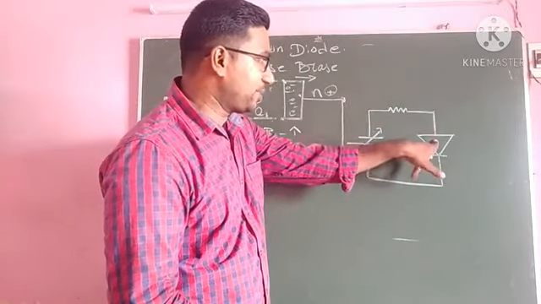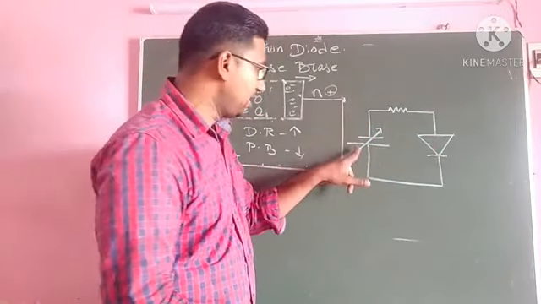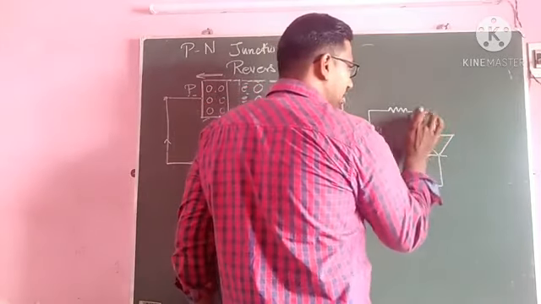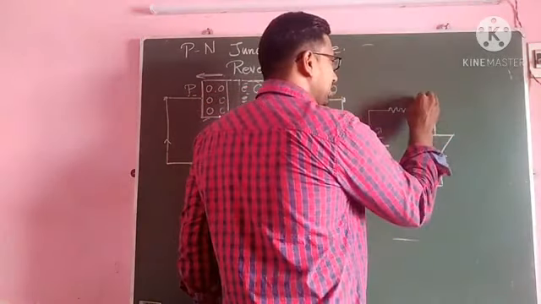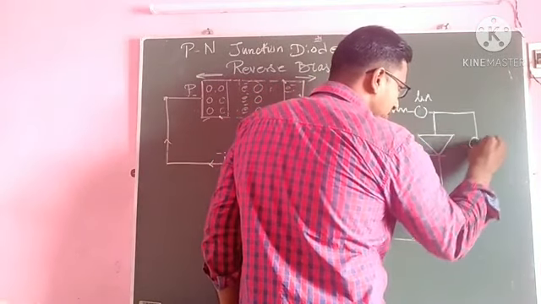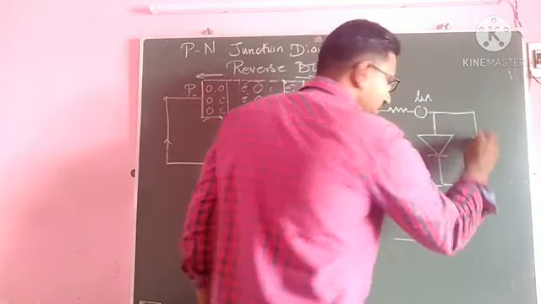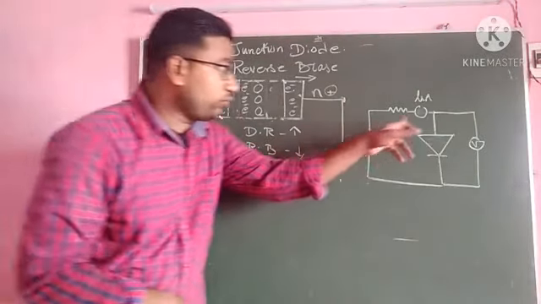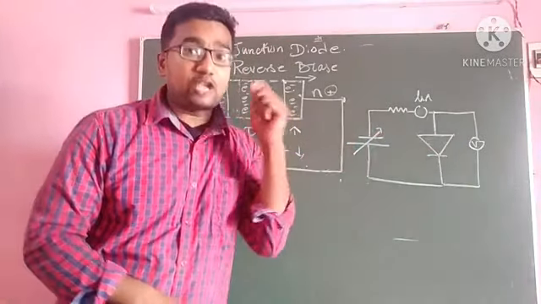That is, the P-type semiconductor is connected to the negative potential, and the N-type semiconductor is connected to the positive potential. I am going to connect an ammeter, that is a microammeter, and then the voltmeter in parallel connection. This is the voltmeter. There is no flow of electrons. Then why do you connect the ammeter as a micro one?